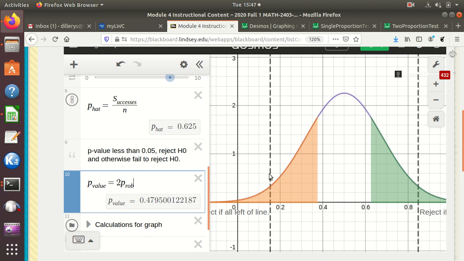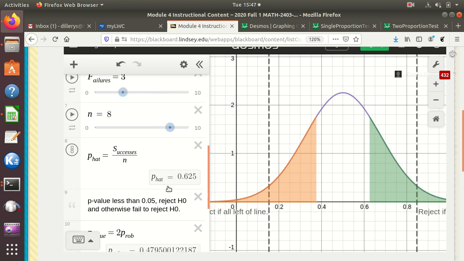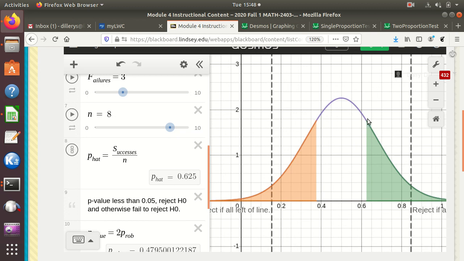Here's the 0.5, right in the middle, right? So the normal distribution here has a mean of 0.5 and a standard error of 0.171. And so graphically, that's what our population looks like, how it's spread out.